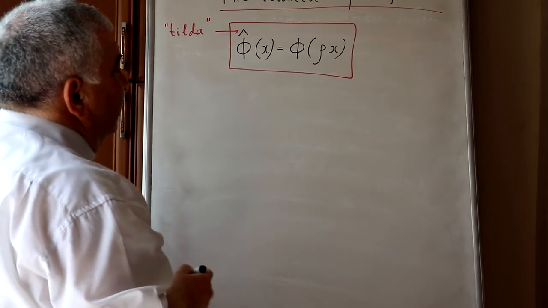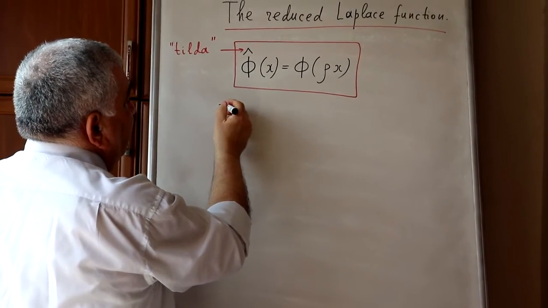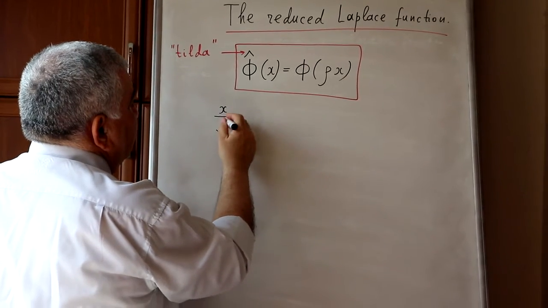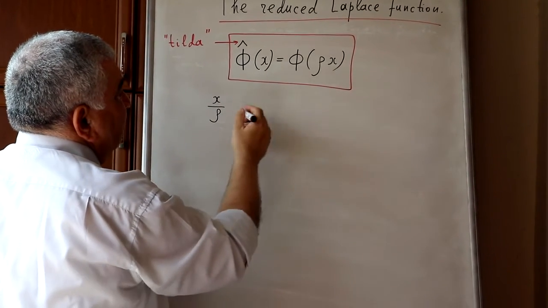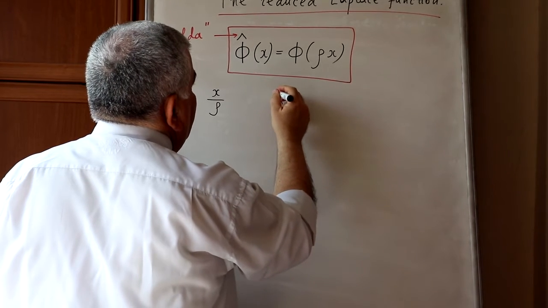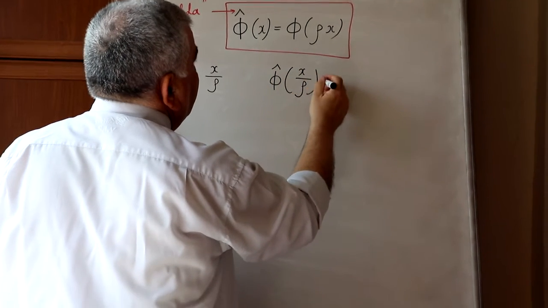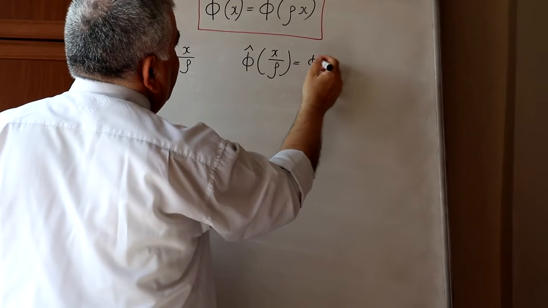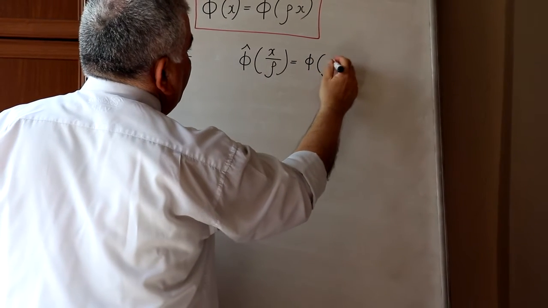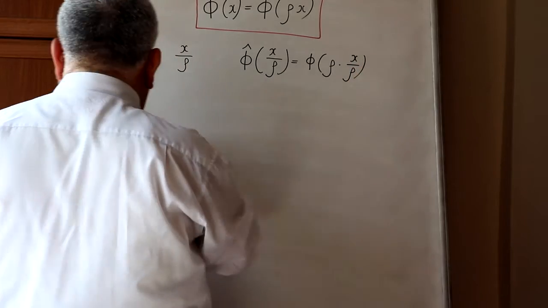If we take x over rho instead of x in this formula, then we will have phi tilde of x over rho is equal to phi of rho multiplied by x over rho.